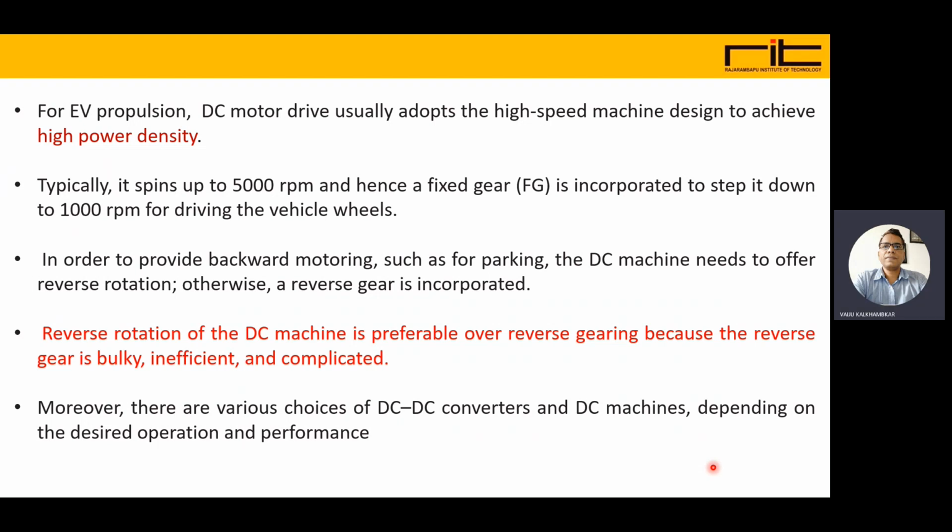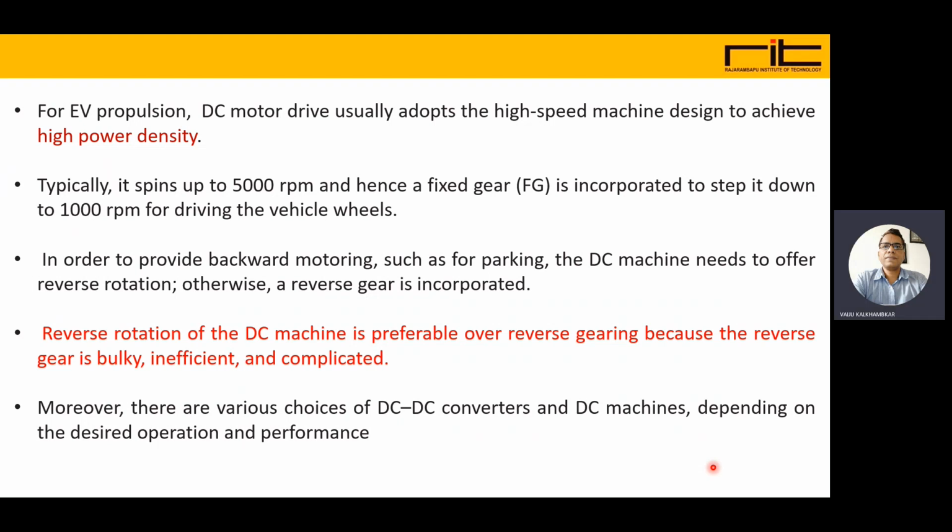In order to provide backward motoring for some applications like parking, the DC machine needs to offer reverse rotation, or we can also add a reverse gear.